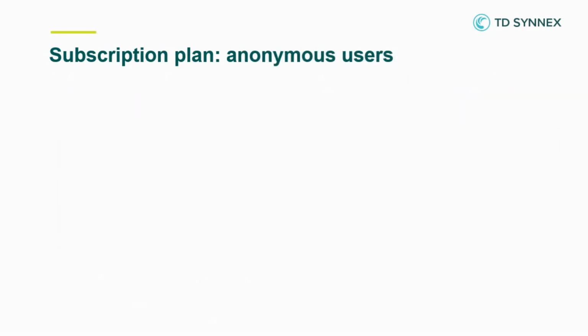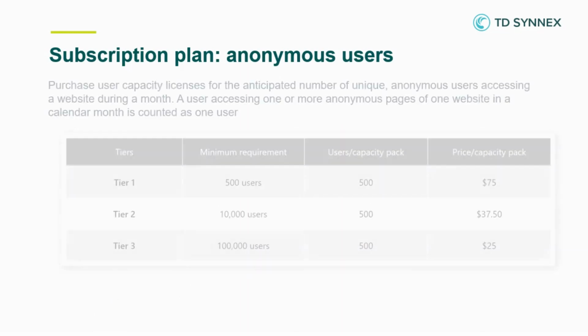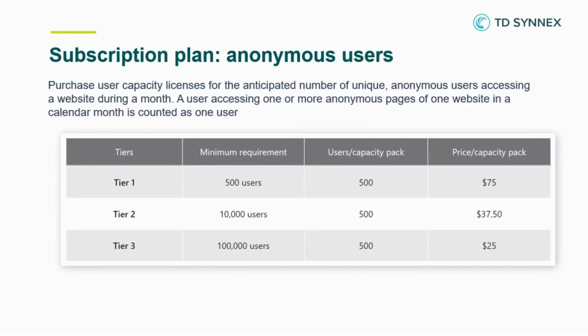The licensing works in a similar way with the subscription plan for anonymous users. Again, you're going to license to the expected number of anonymous users accessing the website during a month. And as before, if the user accesses the website more than once in a month, they are counted just as one user. Here, each pack licenses 500 users to browse the website.